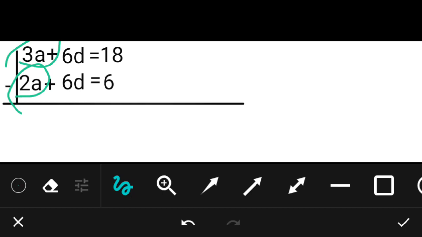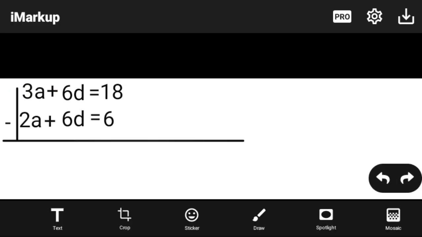Okay, so we are saying this 2a down there, we subtract 2a from 3a. So from there now, when you subtract 3a minus 2a, that is a, then plus 6d minus 6d, that is 0.